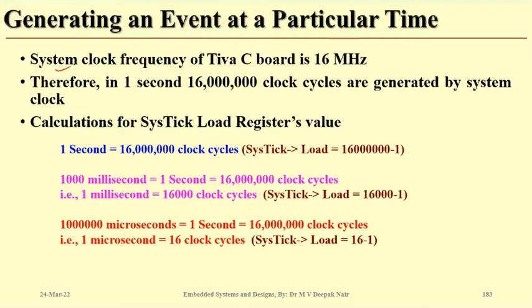First of all, the system timer or SysTick clock: the microcontroller that we are using, the TIVA-C board, is connected with a 16 megahertz crystal oscillator. If tomorrow you have another oscillator connected to the board, you have to keep that frequency in mind when writing a program for the SysTick timer.